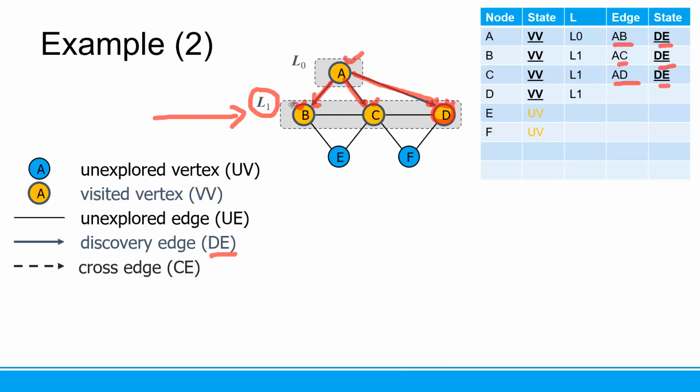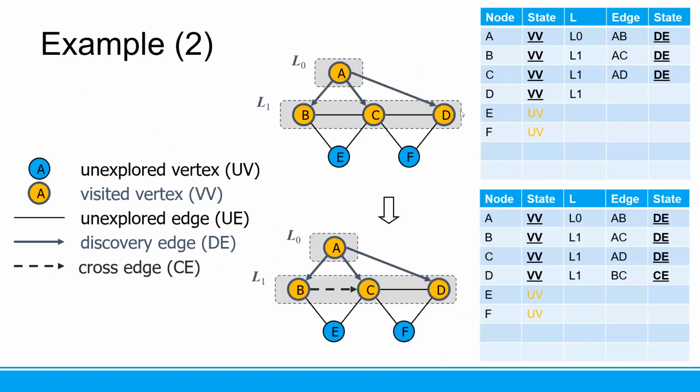The opposite of A is B, the opposite of A is C, the opposite of A is D. Now we are going to explore when i is increased by 1. So we explore from L1, which is B, because all the vertices from A with incident edges are already finished.